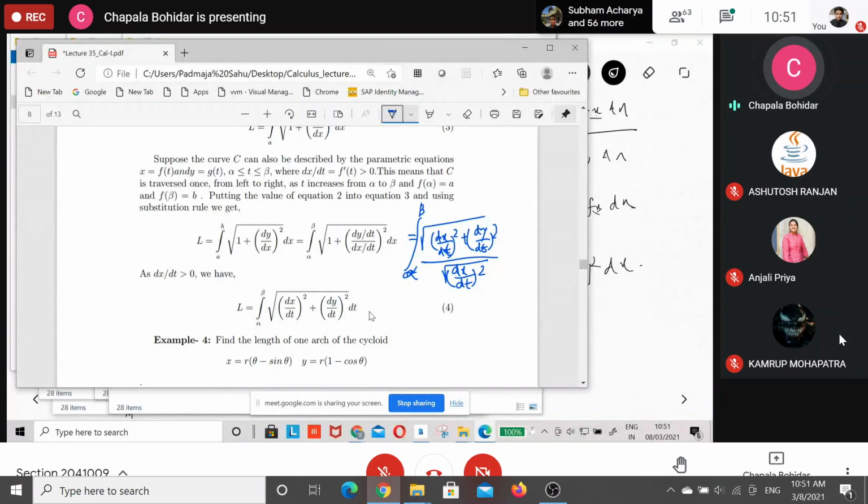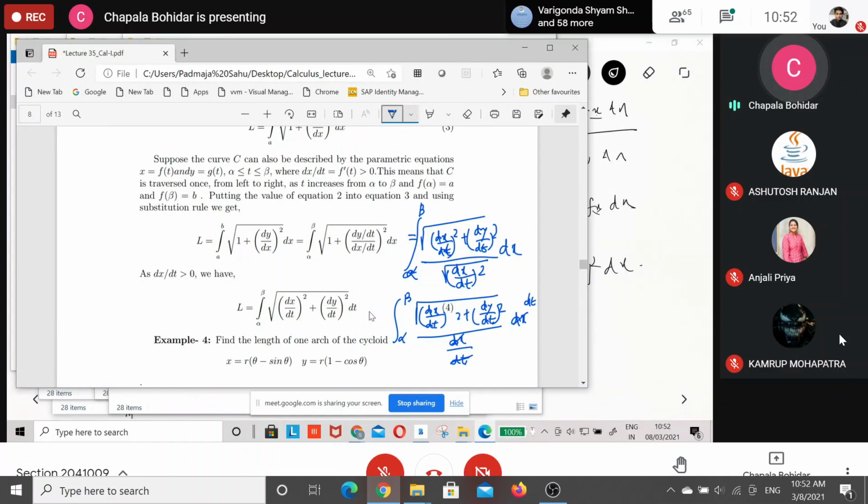If you take the root of the denominator, it is given as dx by dt. Then these two cancel out, and this goes up, that is dt. Right. So we'll get this.